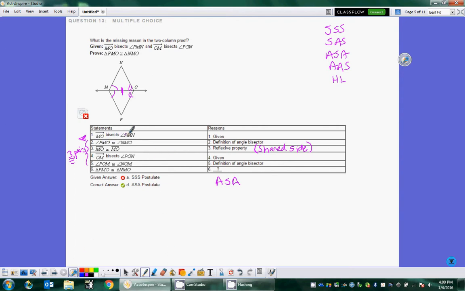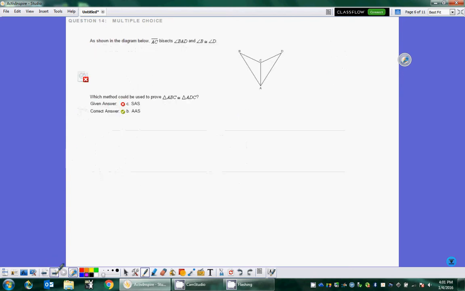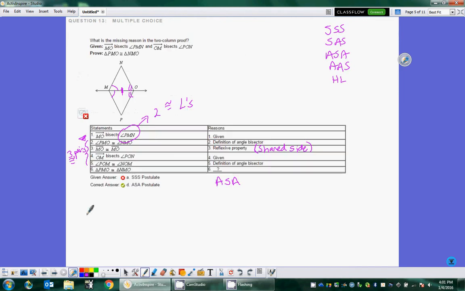So in this one, I'm going to go ahead and mark any shared sides or any vertical angles, or if I had a line, this is where I'd be marking alternate angles, things like that. So the only thing that I can actually add here are the vertical angles. So now with vertical angles, I've got two pairs of angles because I already had a right angle, and the side was connected to two angles. So that means I've got angle side.